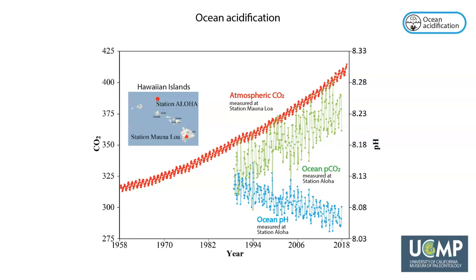And that ocean pCO2 means the partial pressure of CO2, like the amount of pressure inside of the water that carbon dioxide provides. As this carbon dioxide dissolved into the ocean, the acidity of the ocean has increased, which means that the pH has decreased, and that's the blue line.